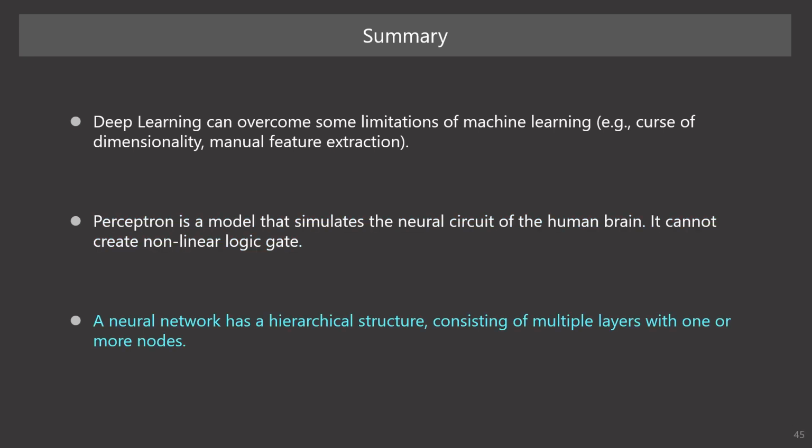A neural network has a hierarchical structure consisting of multiple layers, and each layer consists of one or more nodes. While a multi-layer perceptron uses step function as the activation function, a neural network uses other activation functions like sigmoid function.